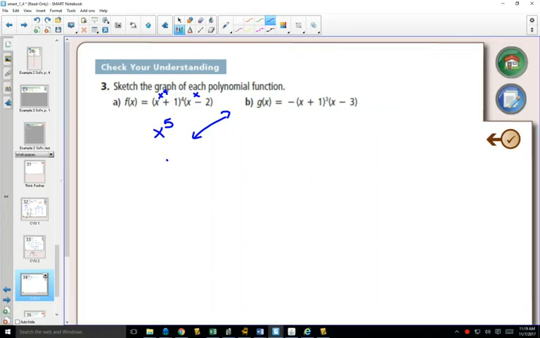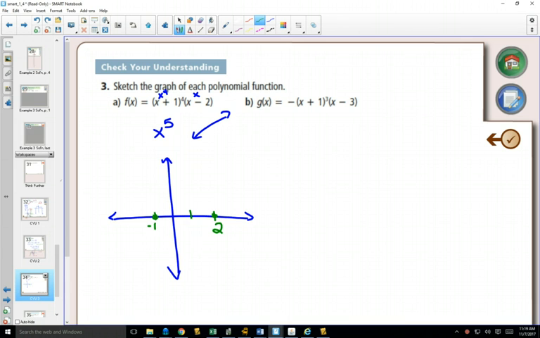When we go to sketch this graph, these ones are nice because it's already factored, so we can draw our intercepts quickly. Our x-intercepts are going to be -1 and 2. Our y-intercept, again, you find your y-intercept by plugging in 0 for x.